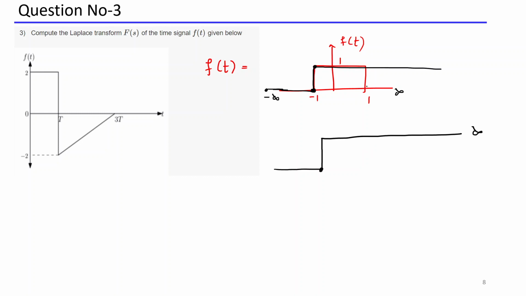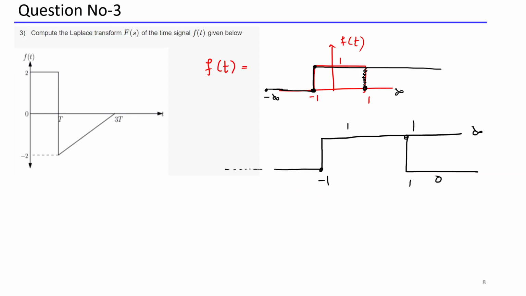At 1, another person is trying to reduce its amplitude to zero again, pulling your leg such that your value now goes from 1 to 0. So there are two persons, one at minus 1 and another at 1.